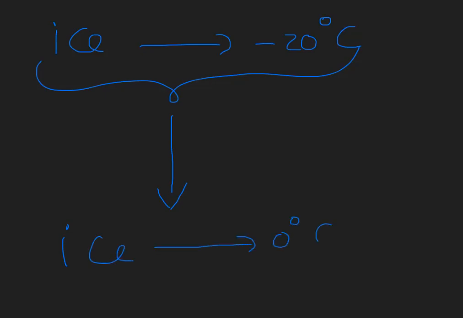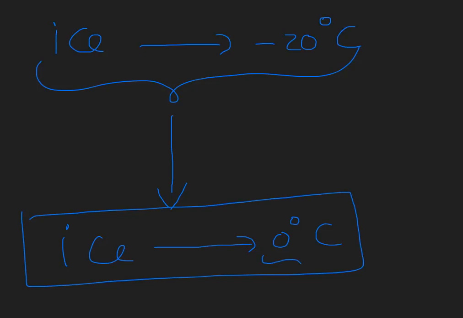This is the maximum temperature for ice. Ice can exist only till 0 degrees centigrade, so the maximum temperature it can rise to is 0 degrees centigrade.